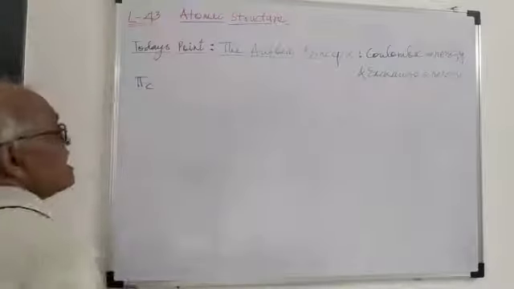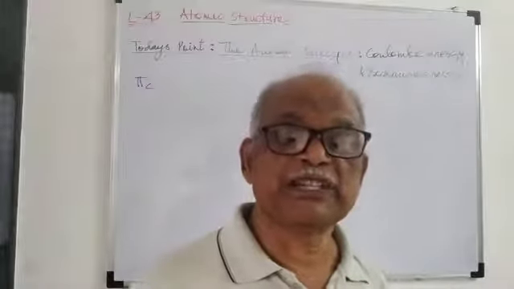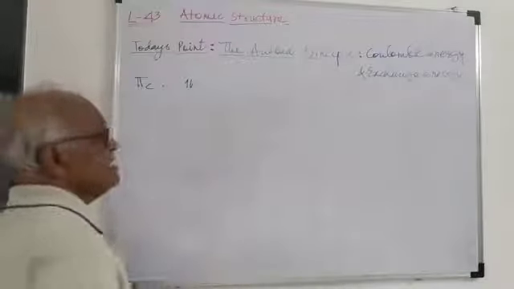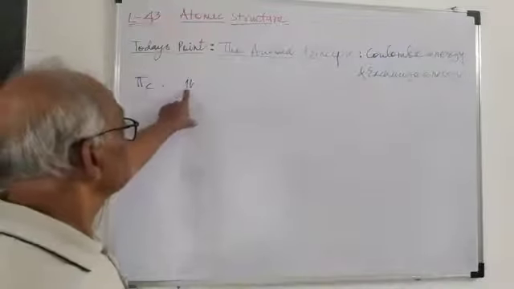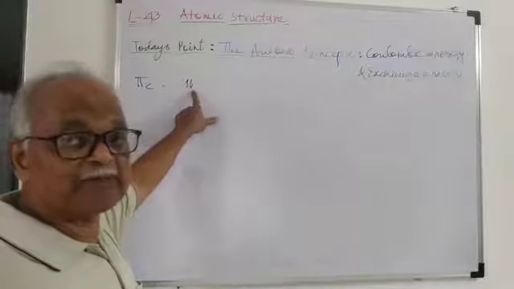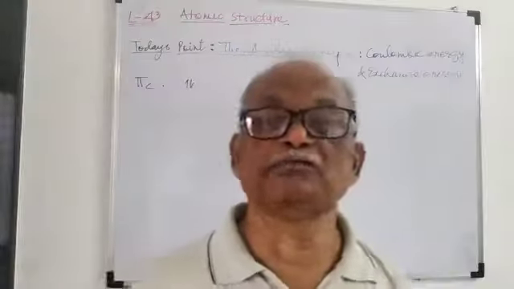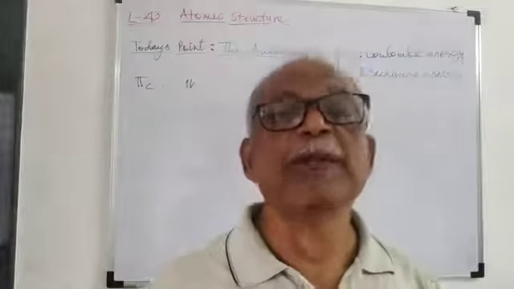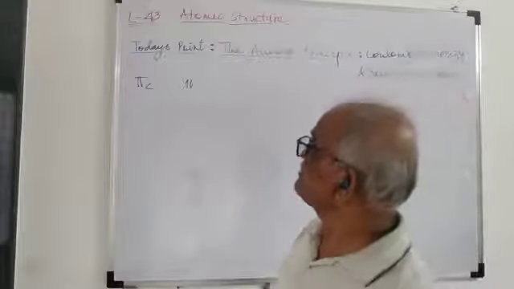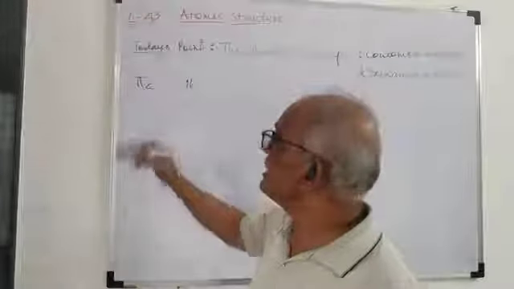It arises because of the repulsion between two electrons which are of opposite spin, where one electron is with plus 1/2 spin and another is with minus 1/2 spin. When these electrons come closer, because of their negative charges, they show repulsive forces, and the energy associated with this is called Coulombic energy.